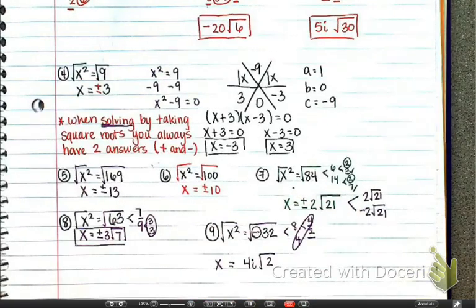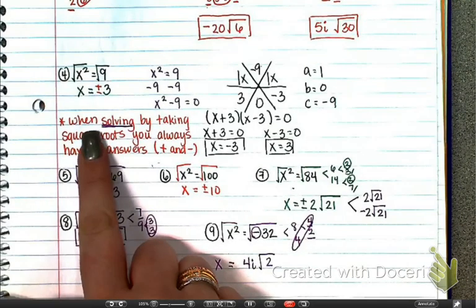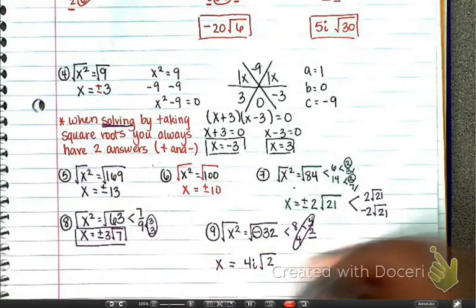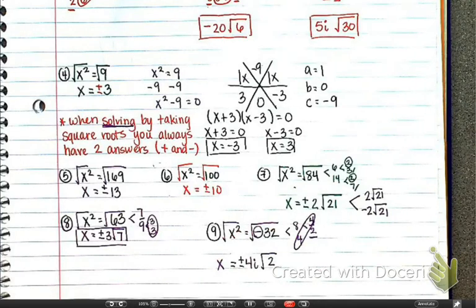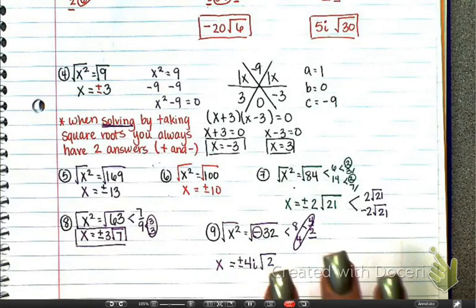This was the answer that I initially checked from 80% of the class. We are solving by taking square roots. What am I missing? My plus and my minus. Anytime you are solving by taking square roots, you're going to have 2 answers, a plus and a minus. So you remembered the i, you forgot the plus minus. I want you to be very cautious as you go through problems. Some of them aren't going to have an i, some of them will have an i. Okay?